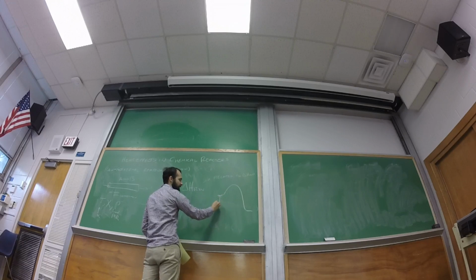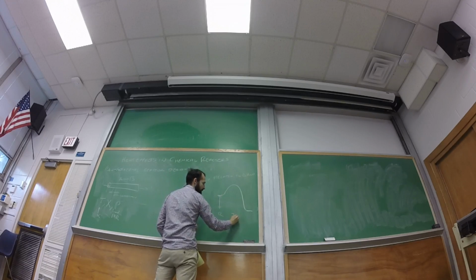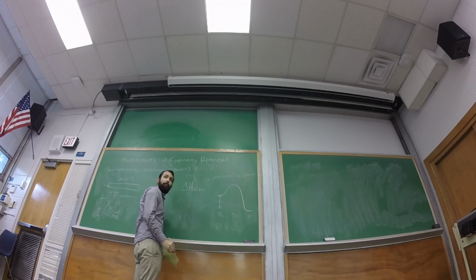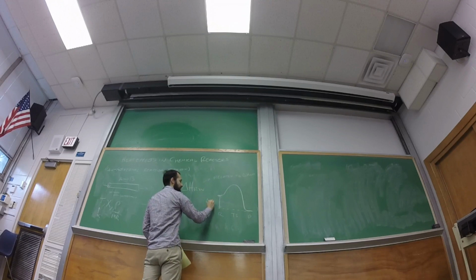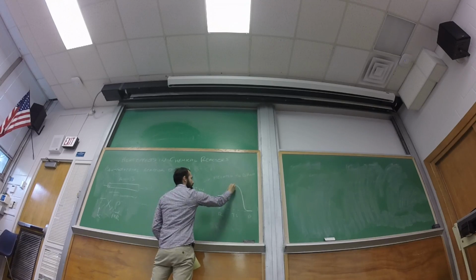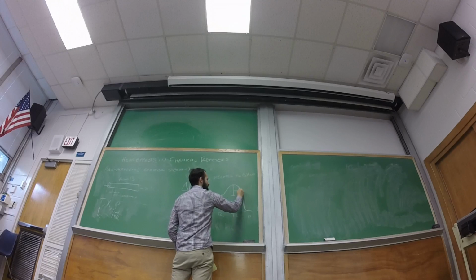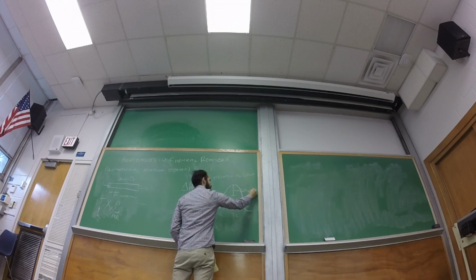Which one is this? If this is reactants, transition state, products, this energy difference is the delta H of reaction. This energy difference is the delta H of activation.